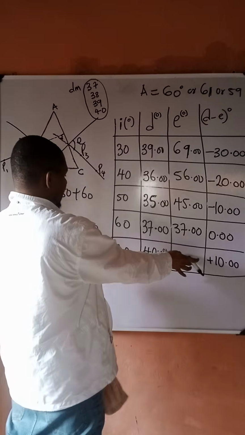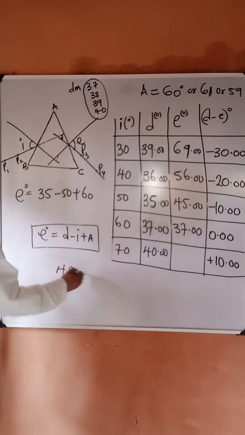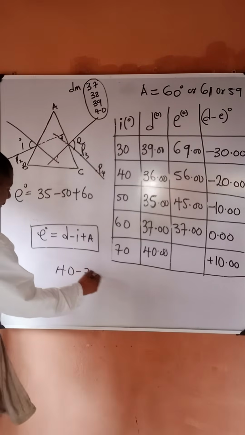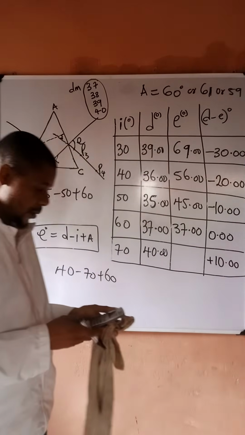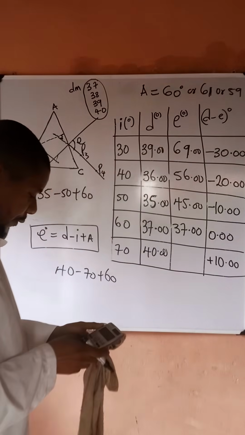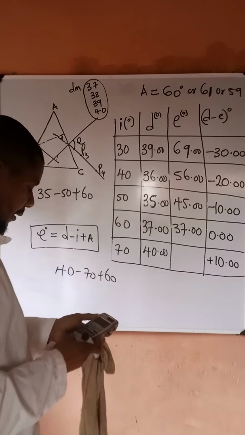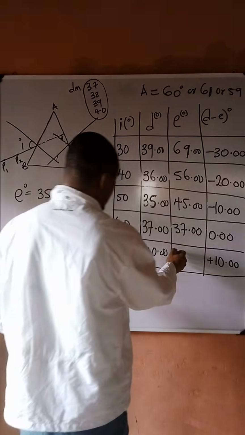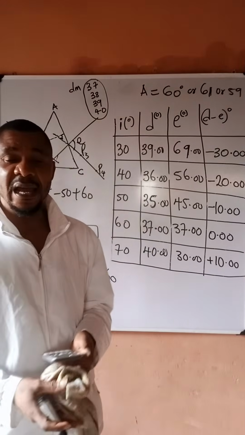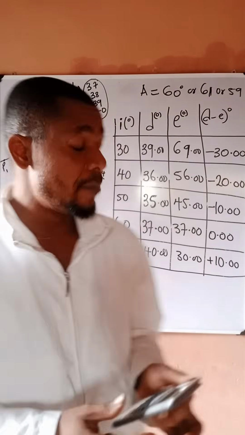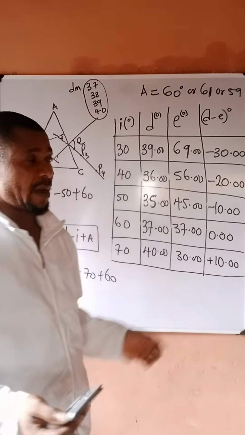And finally, for me to solve for this one, it will be 40 minus 70 plus 60. So 40 minus 70, plus 60 will give me 30.00. So this is how you can make this reading perfect.